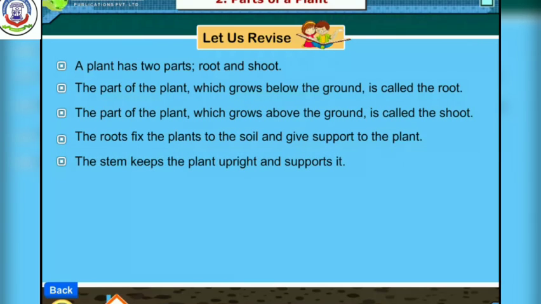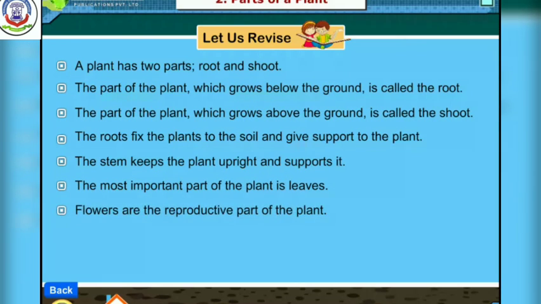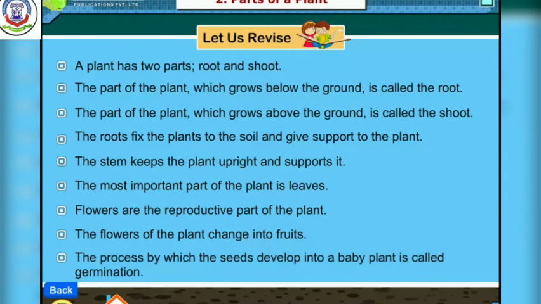The stem keeps the plant upright and supports it. The most important part of the plant is leaves. Flowers are the reproductive part of the plant. The flowers of the plant change into fruits. The process by which the seeds develop into a baby plant is called germination.